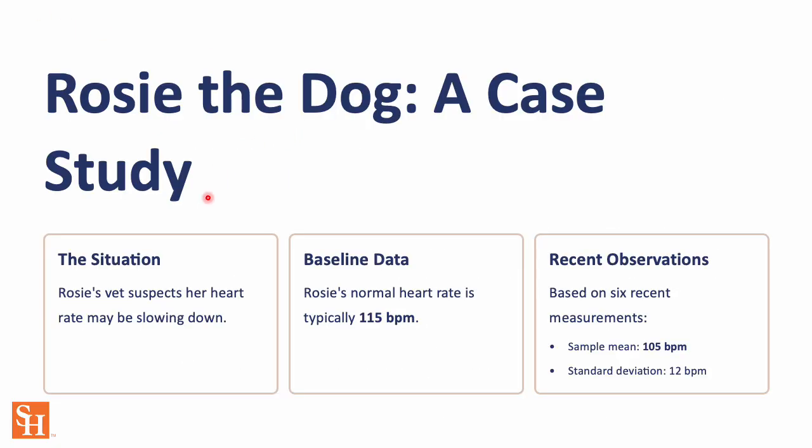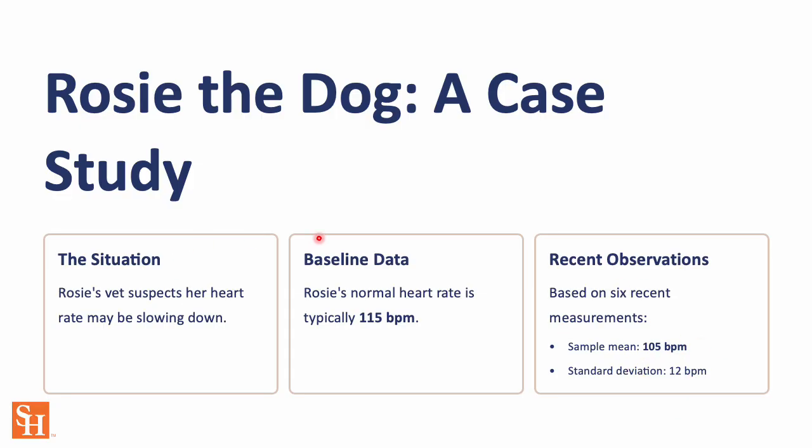So let's now look into this problem. For a particular breed of dog, the vets suspect that its heartbeat may be slowing down. For this particular breed of dog, the normal heart rate is typically 115 bpm. From recent observations, we have considered 6 samples, and the sample mean is 105 bpm with a standard deviation of 12 bpm, right?